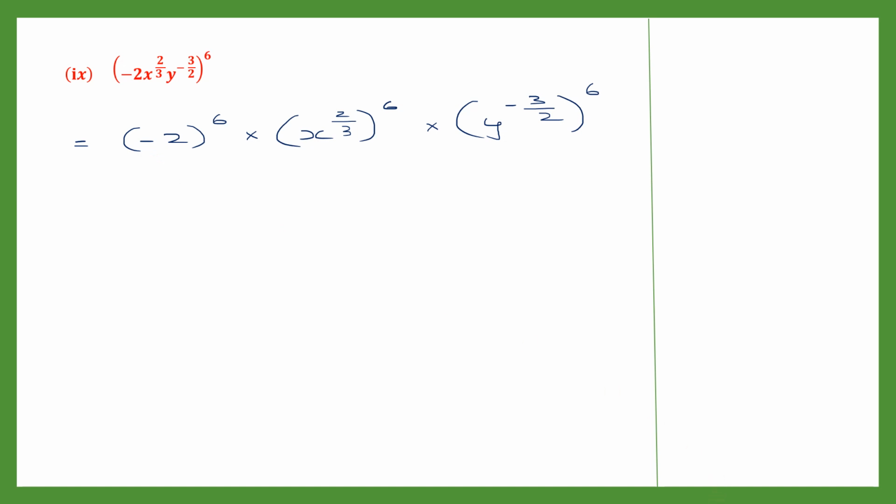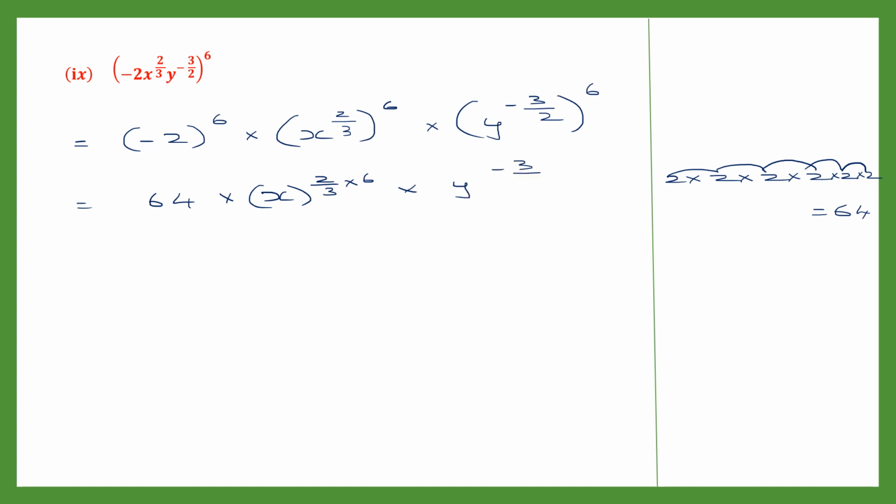Now 2 raised to the power of 6 is how much? 2 into 2 into 2 into 2 into 2, 6 times. So 2 twos are 4, 4 twos are 8, 8 twos are 16, 16 twos are 32, 32 twos are 64. So this is 64 into x to the power of 2 by 3 into 6 into y to the power of minus 3 by 2 into 6.